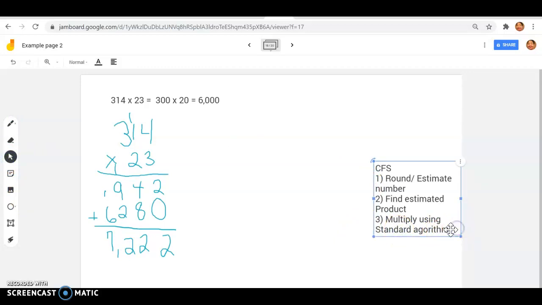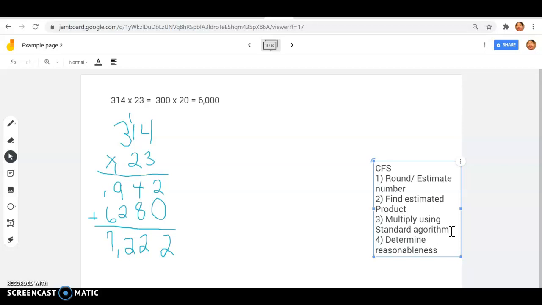Step number 4 is that we're going to determine reasonableness. All this means is that once we have multiplied, we have our exact answer and we have our estimated answer. Does our exact answer fall somewhere in the ballpark of our estimated answer? And the answer is yes.